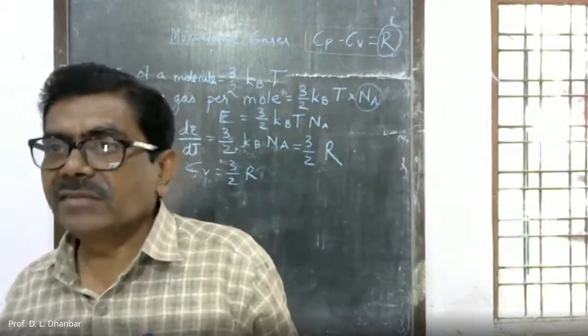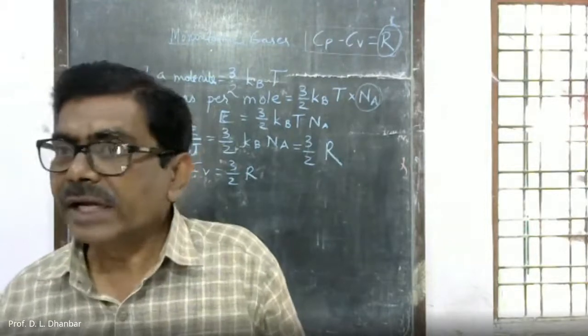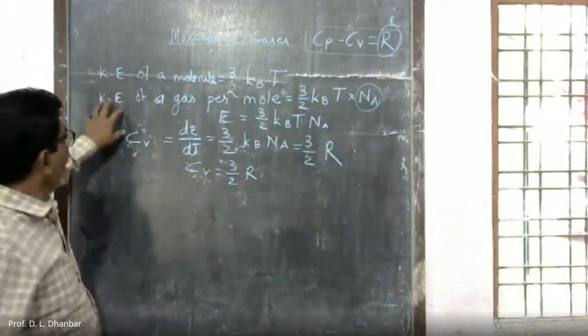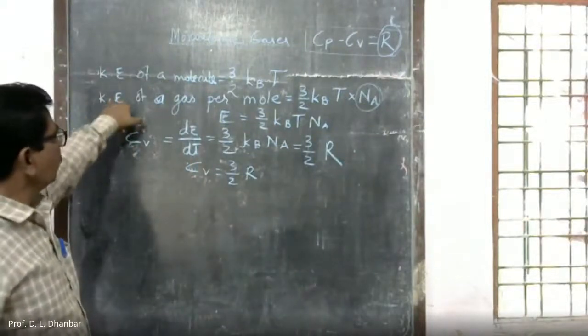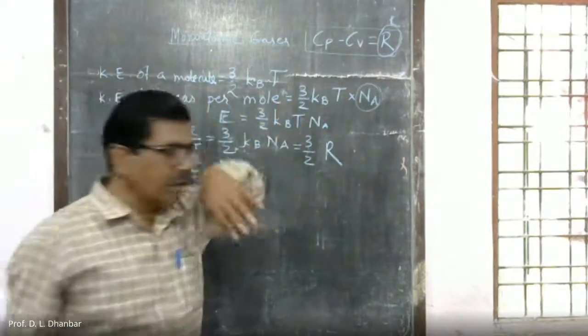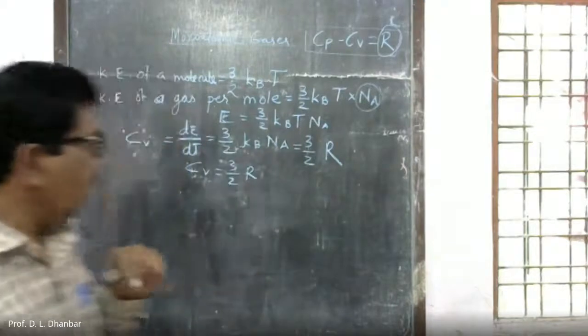As we are considering a monoatomic gas, there are 3 degrees of freedom, and for these 3 degrees the total internal energy of the gas per mole is given by 3 by 2 kB into T into Na.